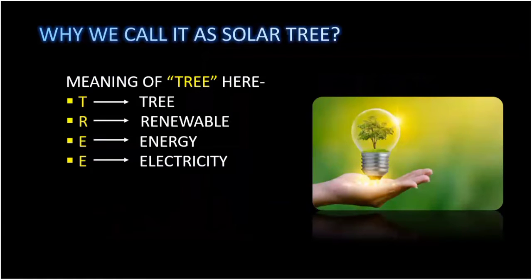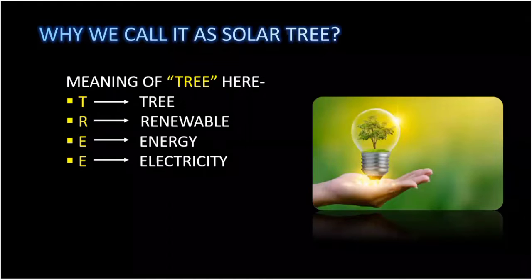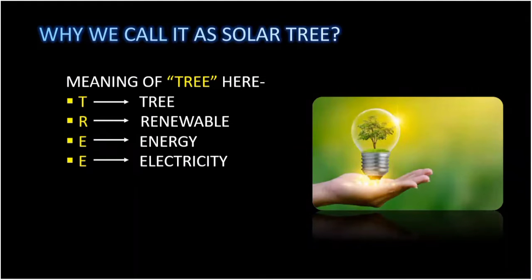In this slide, I will explain why it is called so. The meaning of solar tree: T for tree generating, R for renewable, E for energy, and E for electricity.